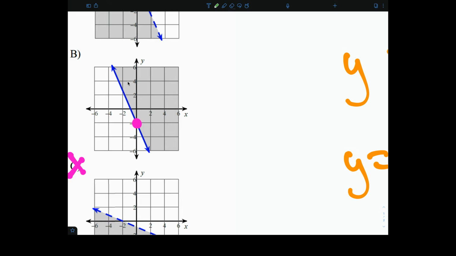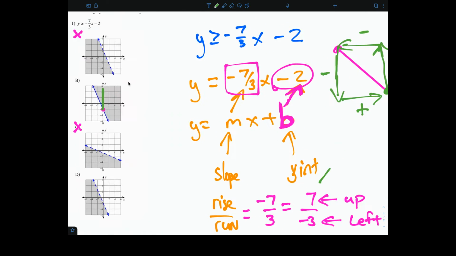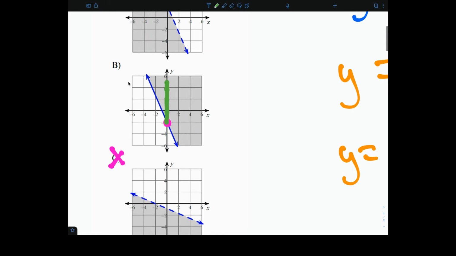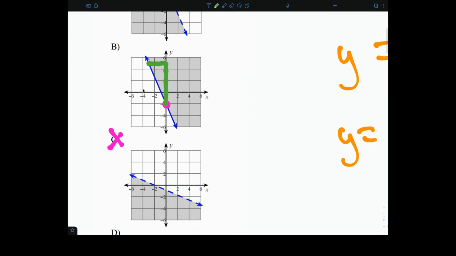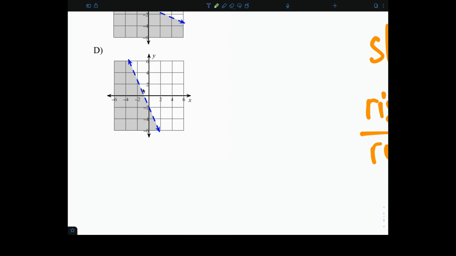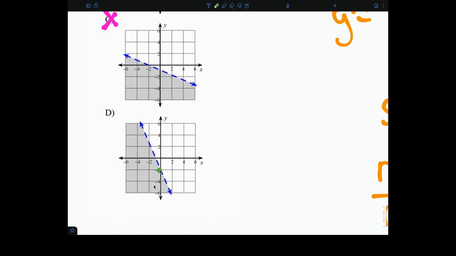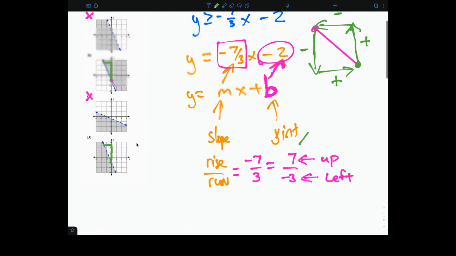Control Z. So 2, 4, 6, 7. And then we're going to go over 3, so going to the left 3. That looks like it might work. Let's check out B. If I graph B, 2, 4, 6, 7 over 3, that seems to work. So that's how slope operates, but that's not telling me what the answer is.